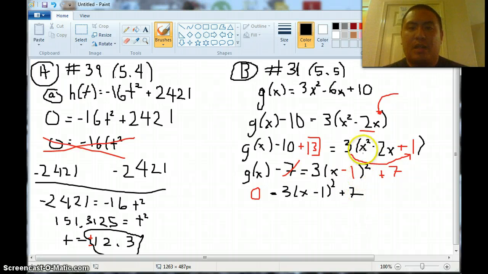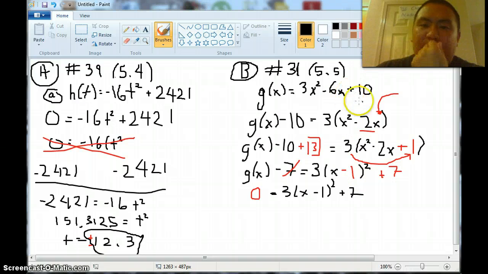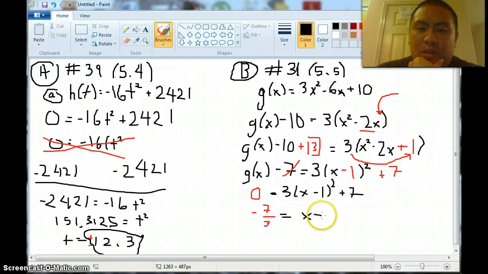Okay, now from here I'm going to go a little quicker. So I'm going to subtract 7 and divide by 3. It should be negative 7 over 3 is equal to x minus 1 squared.